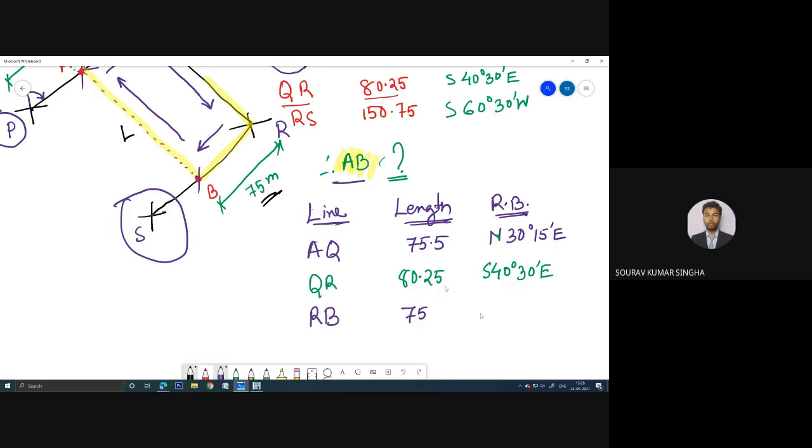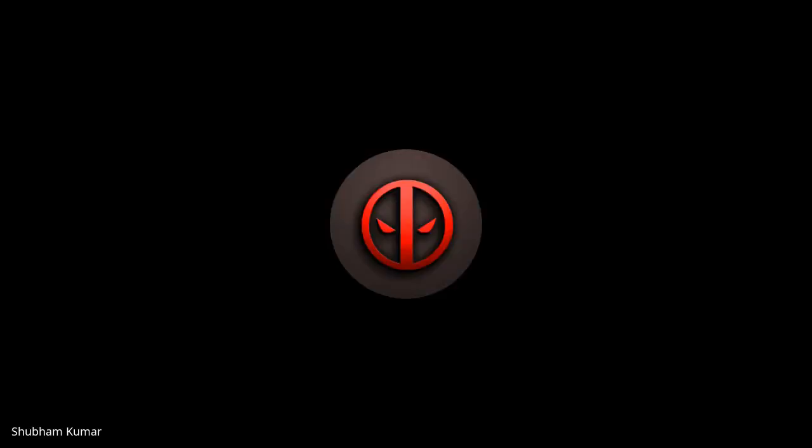After you have written it down, please tell me, then I will go to the next step. Have you written down the reduced bearing of RB? Is it clear? Yes, sir.